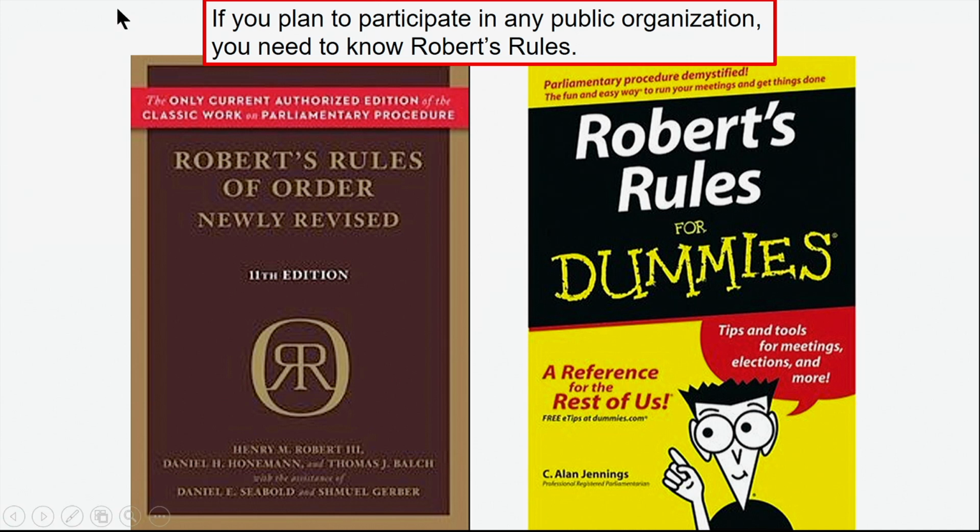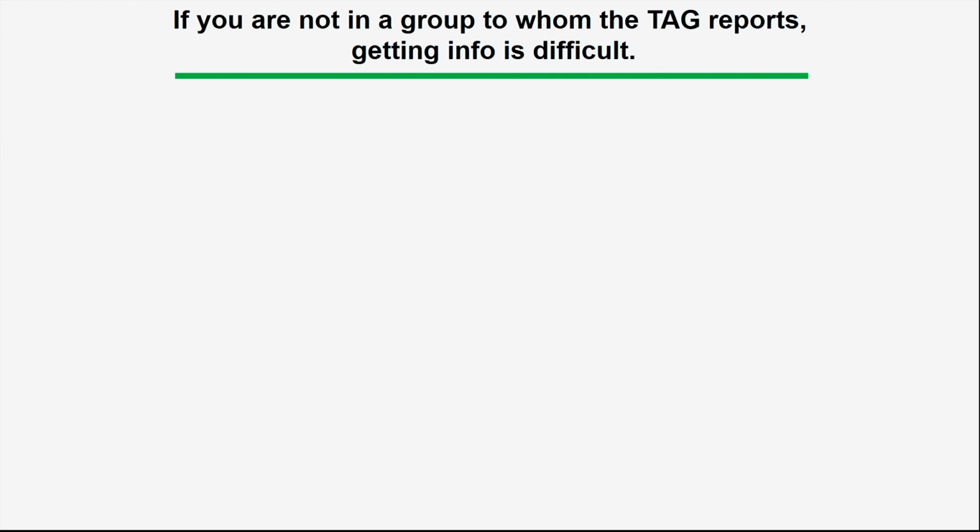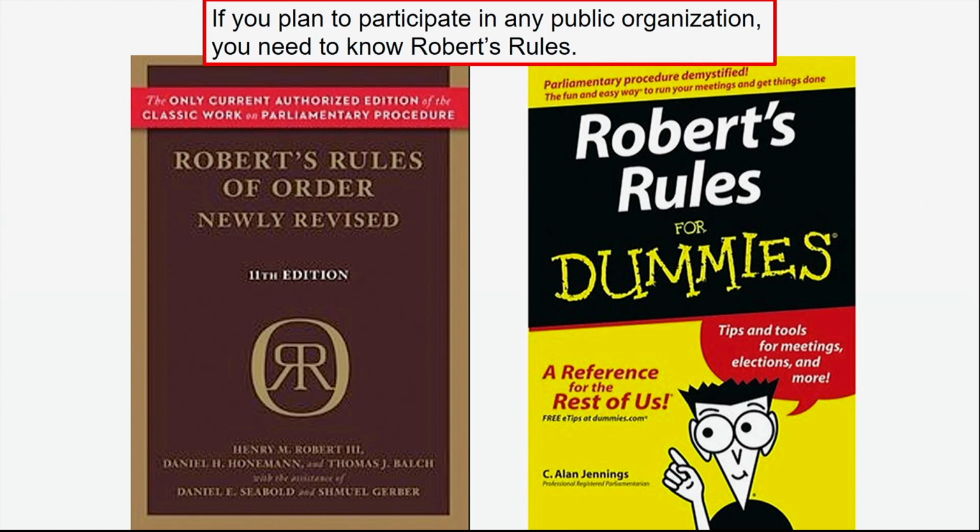So for those of you who may in the future be interested in participating in ISO activities and other standards development organization activities of SAE, my suggestion is you read the publications shown here, Robert's Rules of Order. And there's sort of the official rules, and then if you want the shorthand, you can read Robert's Rules for Dummies, and there are other versions on the web out there and so forth.